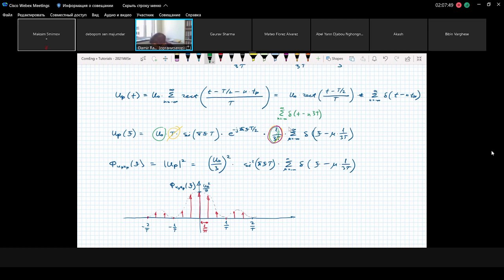This is the original sequence. We have to modify it in order to match our expressions from the basic Fourier transforms.